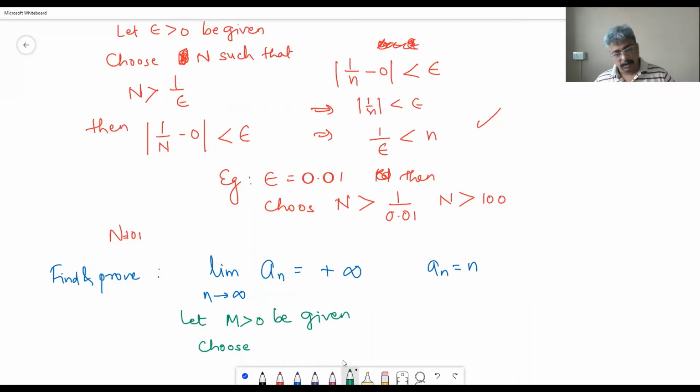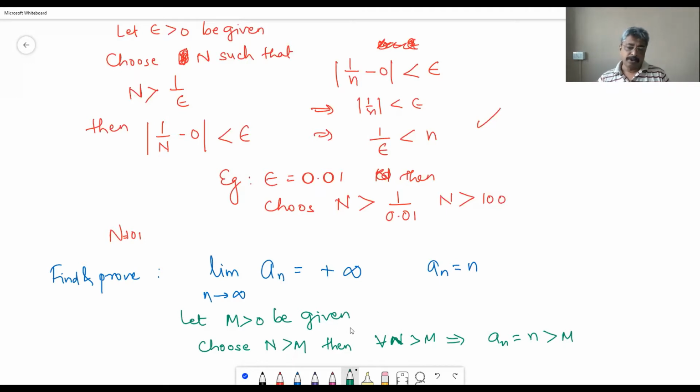Choose n greater than M. Then for every n greater than M, what do we have? For every n greater than M, we have a_n which is equal to n greater than M.